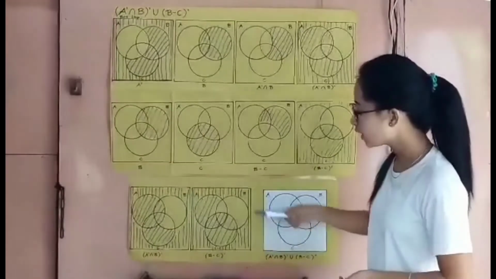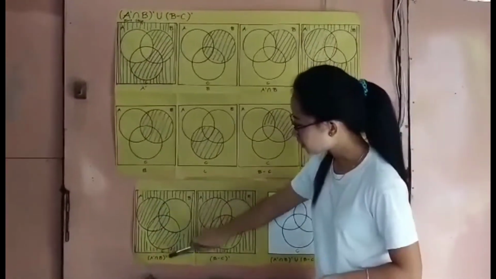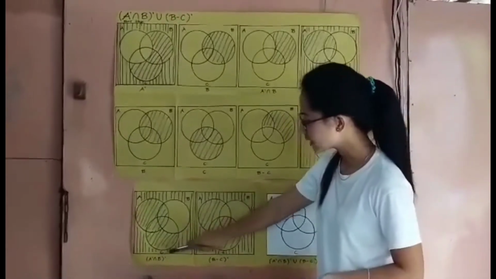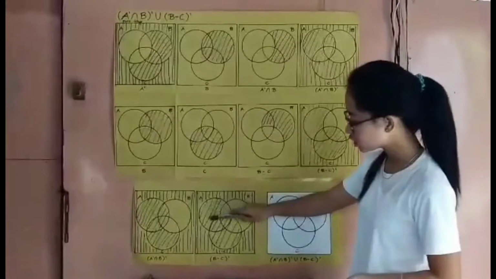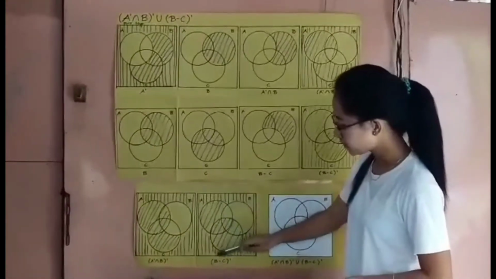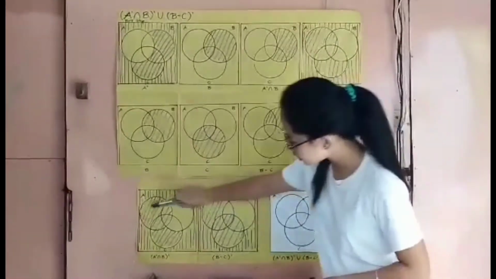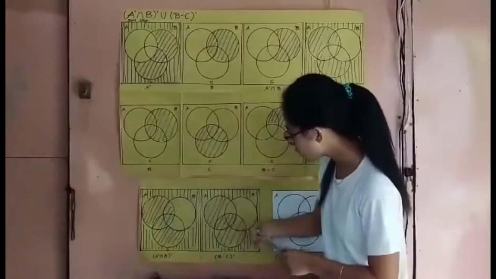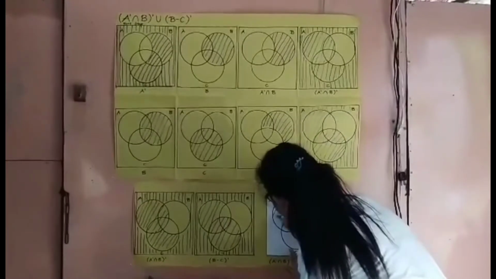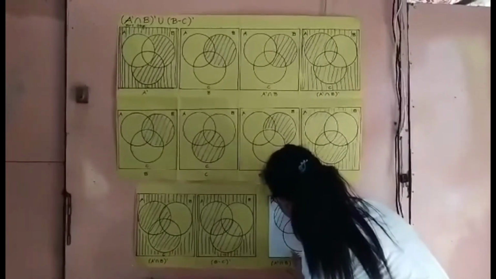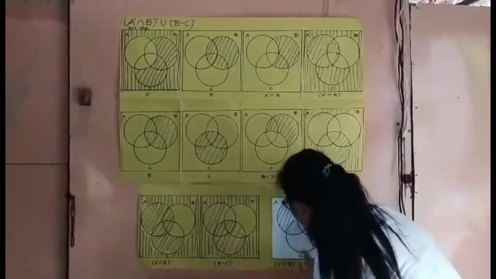First, we will evaluate the shaded region of the complement of A complement intersect B, and also the shaded region in the complement of B minus C. Since this is the shaded region, we will also shade this region. We will also shade this part.